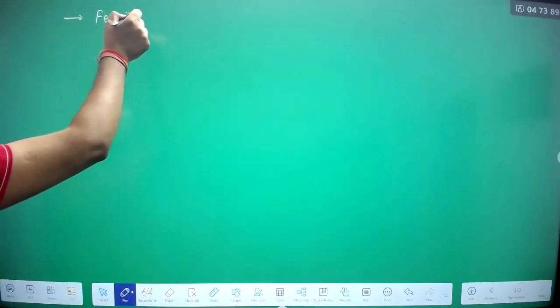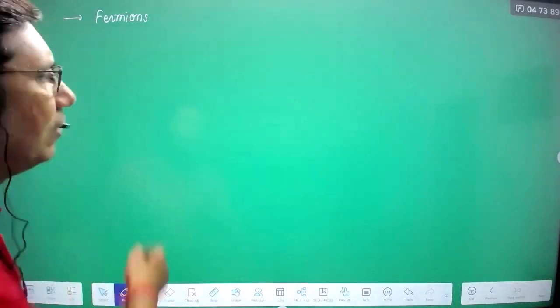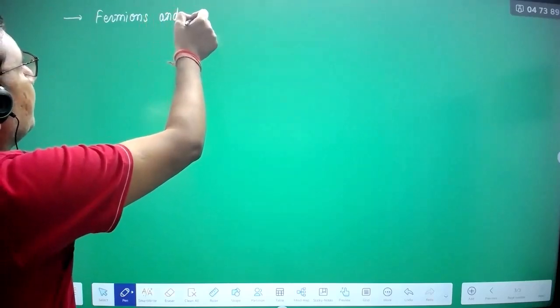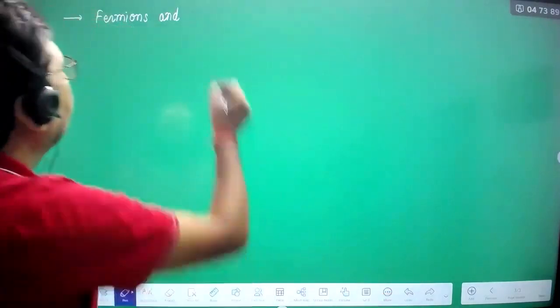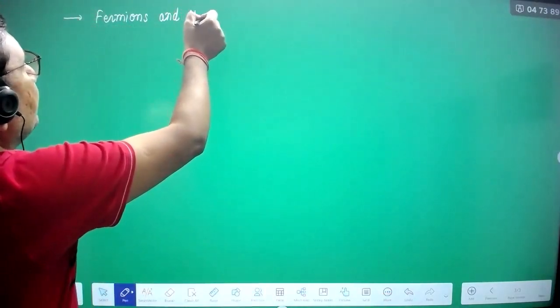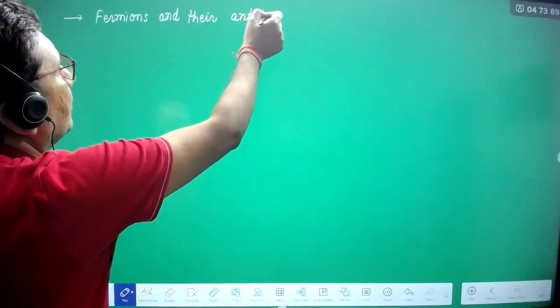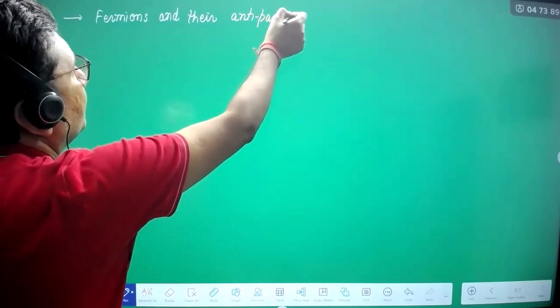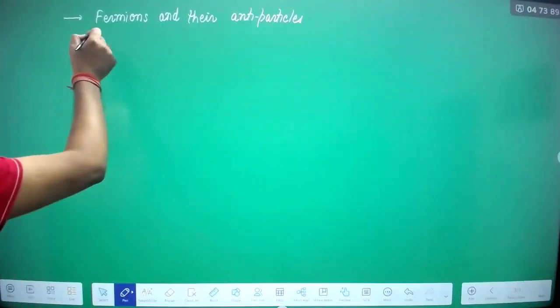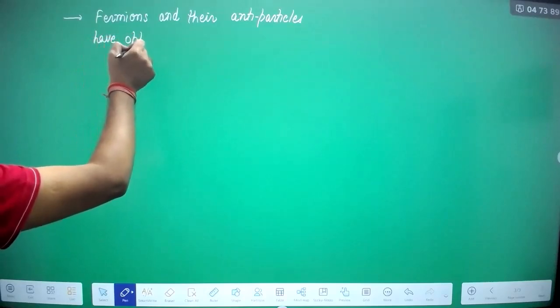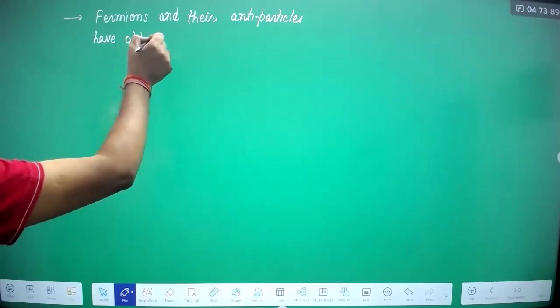Fermions, not only leptons, for all the fermions. This is applicable for all the fermions and their antiparticles: their antiparticles have opposite parities.